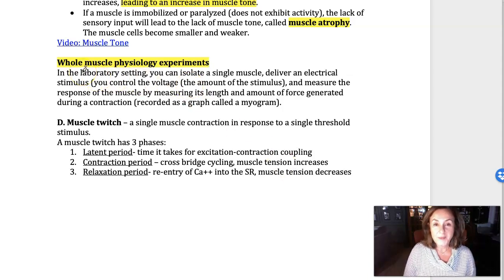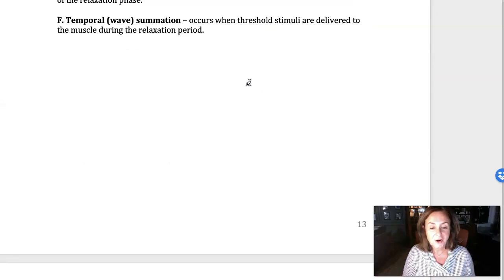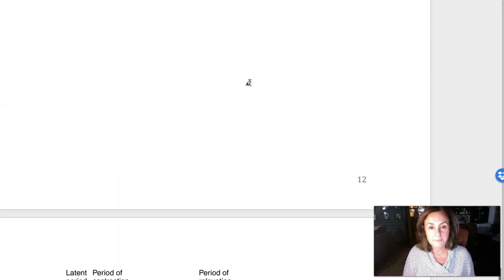And so I think one thing that's helpful to understanding this section of the notes is understanding that we're talking about a laboratory setting where we're going to isolate a muscle, and we deliver an electrical stimulus to that muscle so we can control the amount of voltage, and we can also control the frequency that we give the voltage, and we can create a myogram, which would just be a graph of the tension developed in the muscle over time. And you can see that I share a bunch of these graphs in the notes.